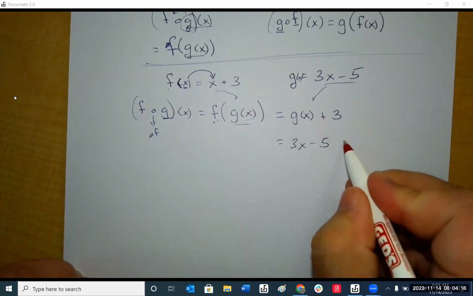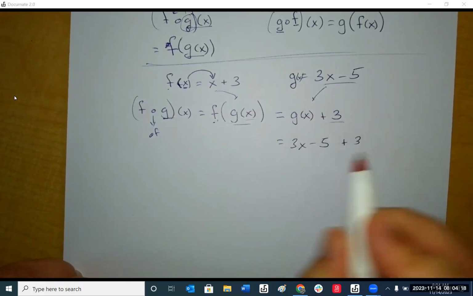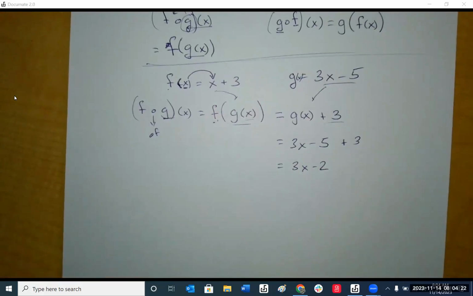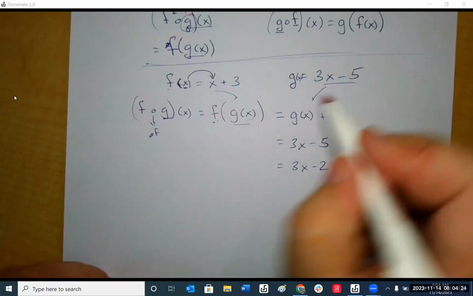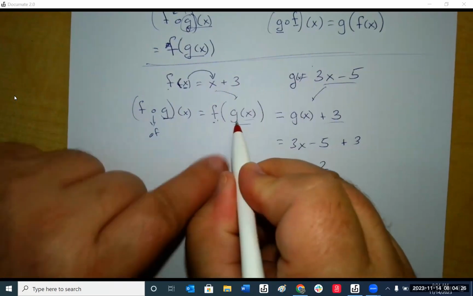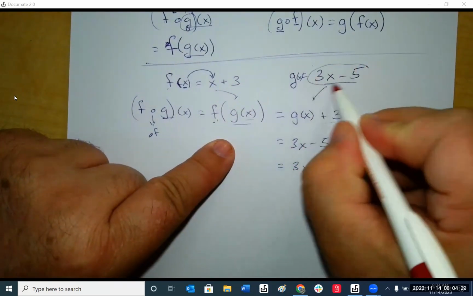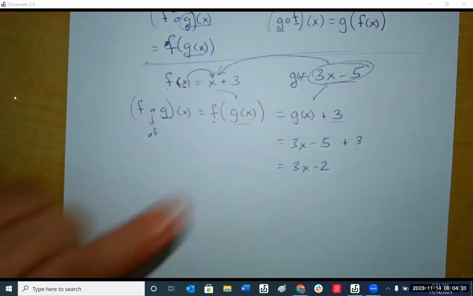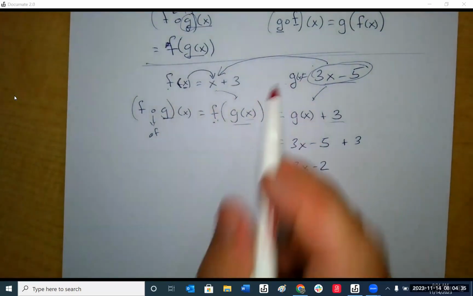So that's g of x plus 3. And simplify. But what it really means is this. Since g is my internal, I take whatever this function is, this is the inside. Anywhere I see an x, I put that in its place. That's f of g.